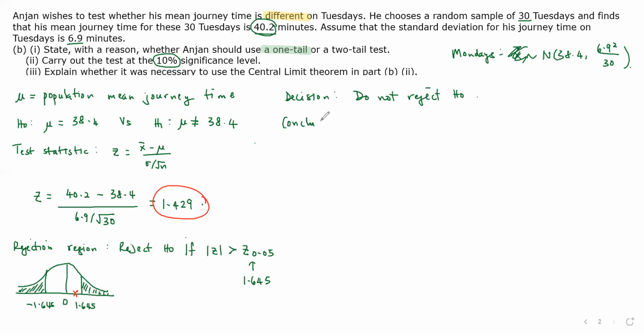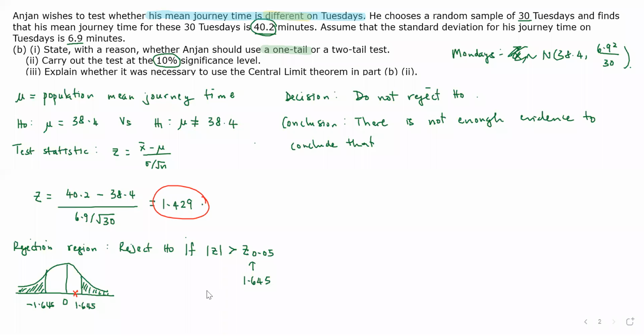Then, conclusion. We can conclude that there is not enough evidence to conclude that. Now, in context of the question, what we do is we pick that from the question. So to conclude that, what we do is his mean journey time is different on Tuesdays.